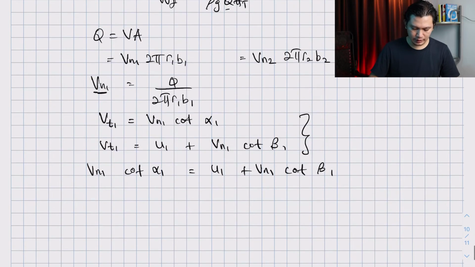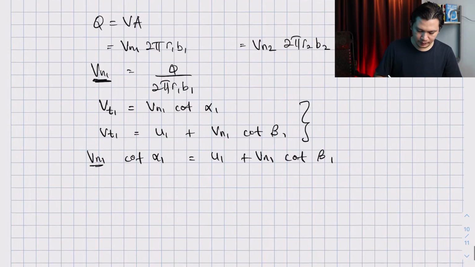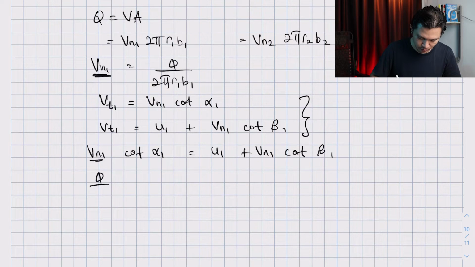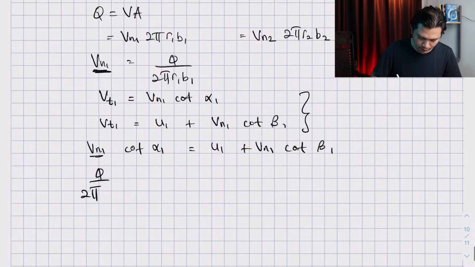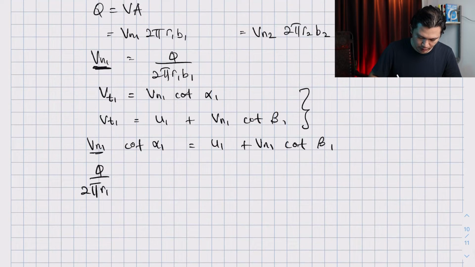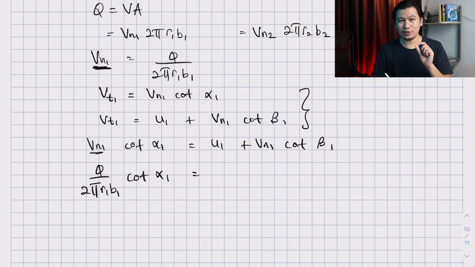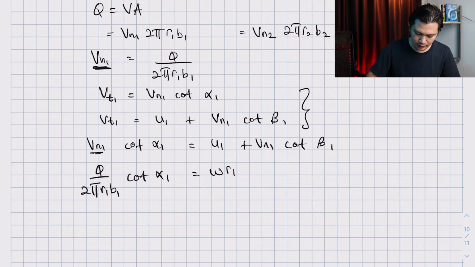If I want to replace Vn1 with this equation, I'm going to have Q over 2 pi R1 B1 cotangent alpha 1. I know that U is actually omega times R, so U1 is omega times R1 plus Vn1, again, Q over 2 pi R1 B1 cotangent beta 1.